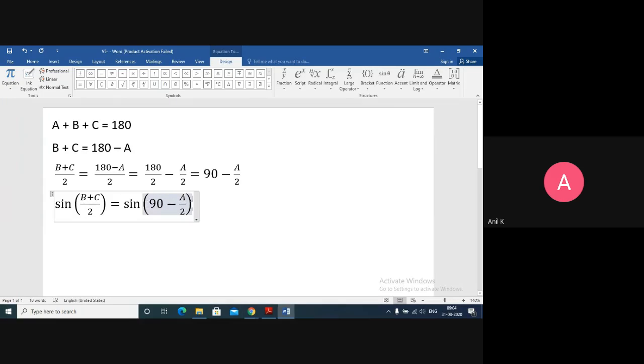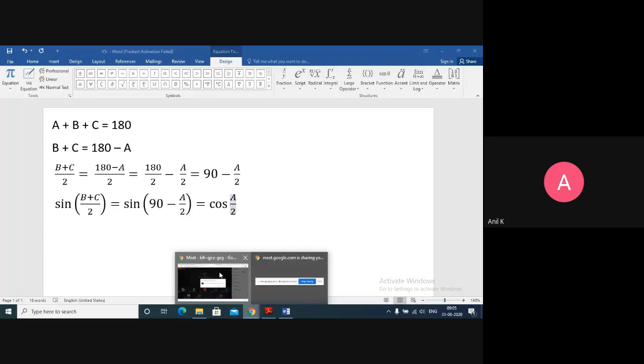What is the formula for sine 90 minus theta? Which is cos theta. That's the formula we discussed. So it will be cos A by 2. So this is what we have to prove: sine (B plus C) by 2 equals cos A by 2.